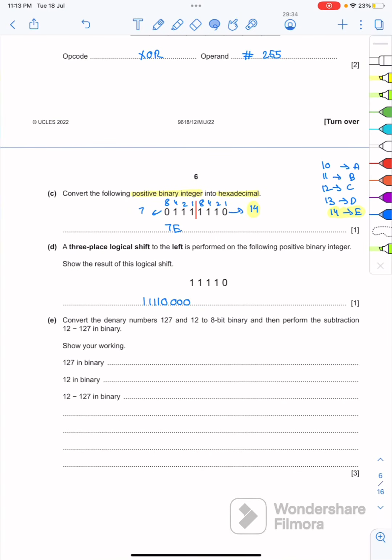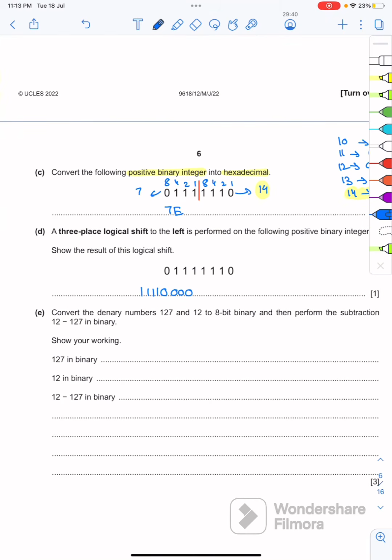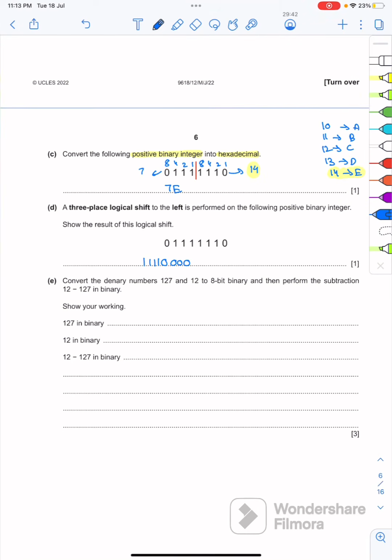Apologies for that. So again, to summarize once again, a 3-place logical shift to the left means that you will be adding zeros from the right, which is exactly what we did. A logical shift to the right hand side means you will be adding zeros from the left.